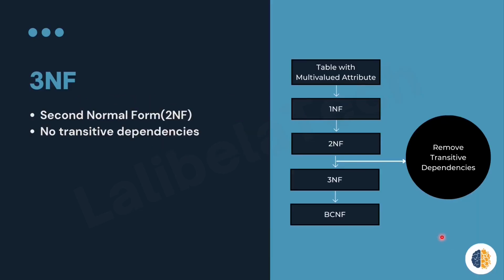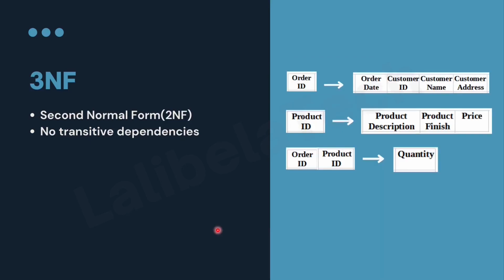As you can see in this flow chart, to convert from second normal form to third normal form, we need to remove transitive dependencies. In our second lecture, we converted the first normal form to second normal form, and as a result, we created three tables: the customer order table, product table, and order line table.